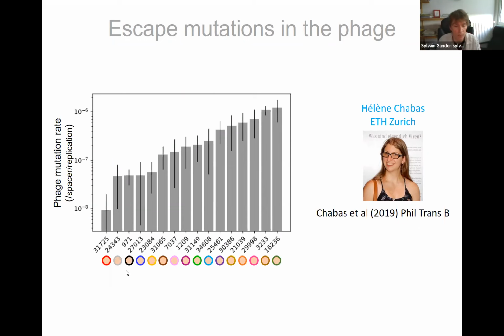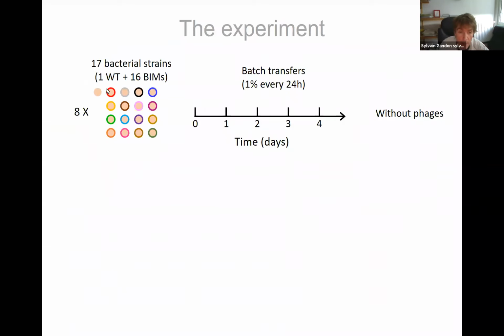What we were really interested in looking at is what happens to this diversity of bacteria when you mix all these bacteria together, how does it change through time? So we did this experiment where we mixed 17 different types of bacteria: the 16 resistant bacteria that I just described, plus the ancestral bacteria that was sensitive to the phage.